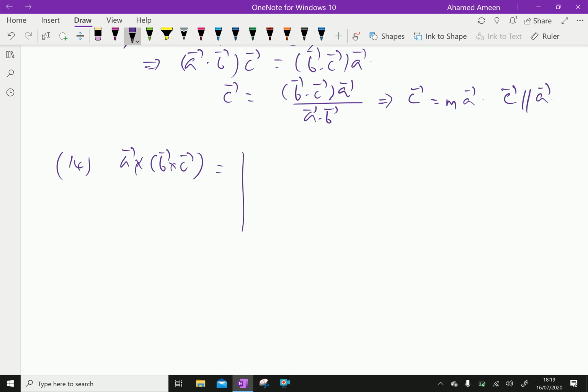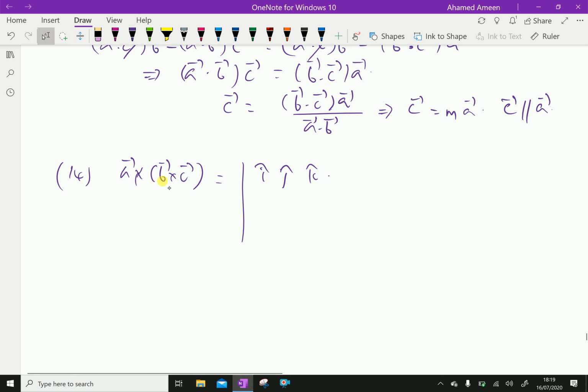Using i, j, k, B is 1, 2, minus 5, and C is given as 3, 5, minus 1.